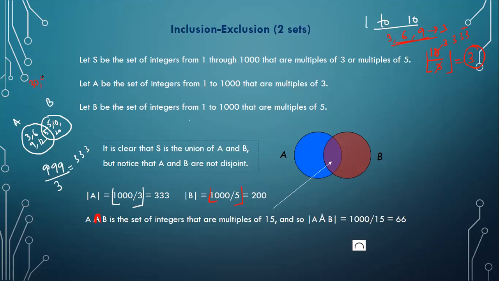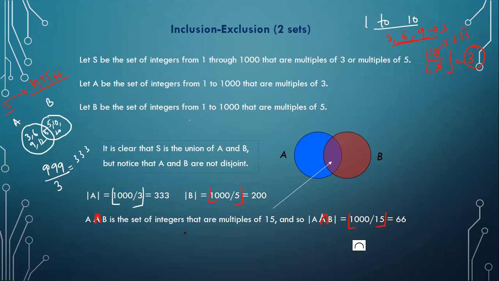Similarly, we get 30, 45, 60, which are all the numbers divisible by 15. So A intersection B is the floor value of 1000 by 15, which gives you 66.